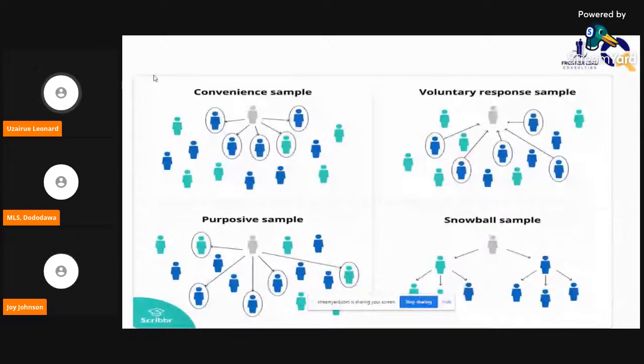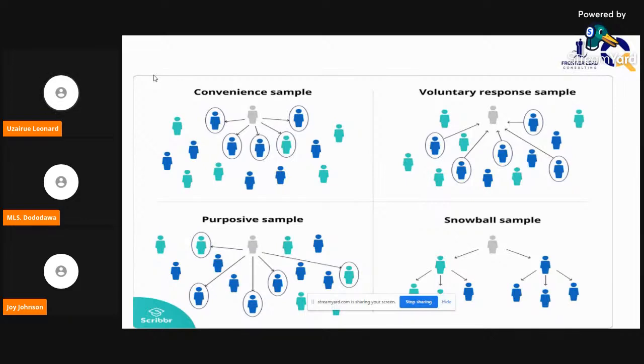We've already defined that for non-probability sampling, the chance of every individual in the population being selected is not there. But even then, we have different types.